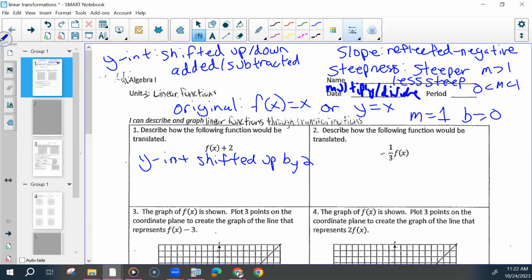You have to say which one you're talking about, the slope or the y-intercept, what it did depending on the transformation word, what direction, and by how much. Now, we have it adding, but we're not multiplying or dividing. So that means nothing happened to the slope. So we can say the slope stays.